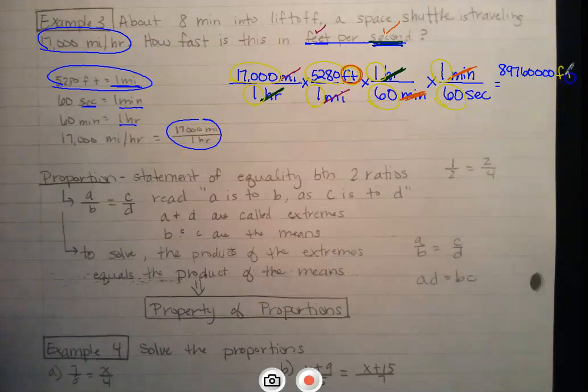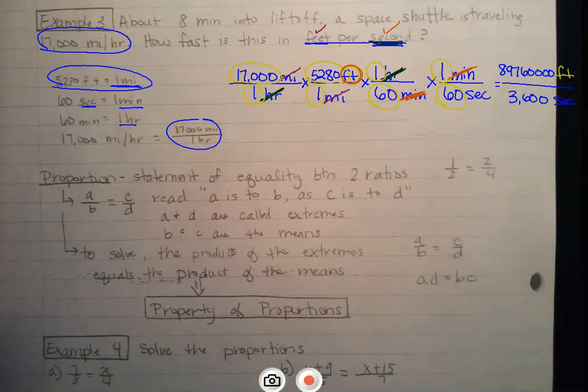So I'm going to put my feet in a different color, make sure you can see it. Divided by, what's 1 times 1 times 60 times 60? Well, that equals 3,600 seconds. Hopefully you can see that on the black.